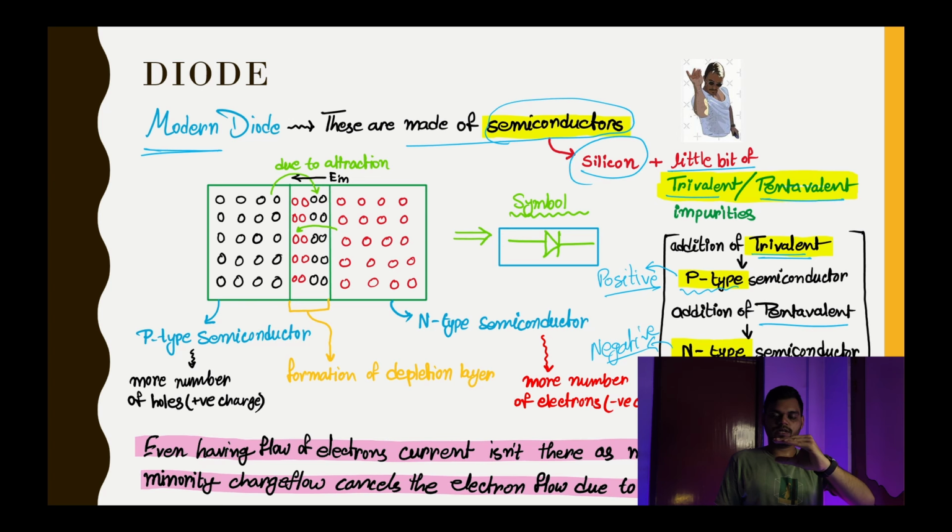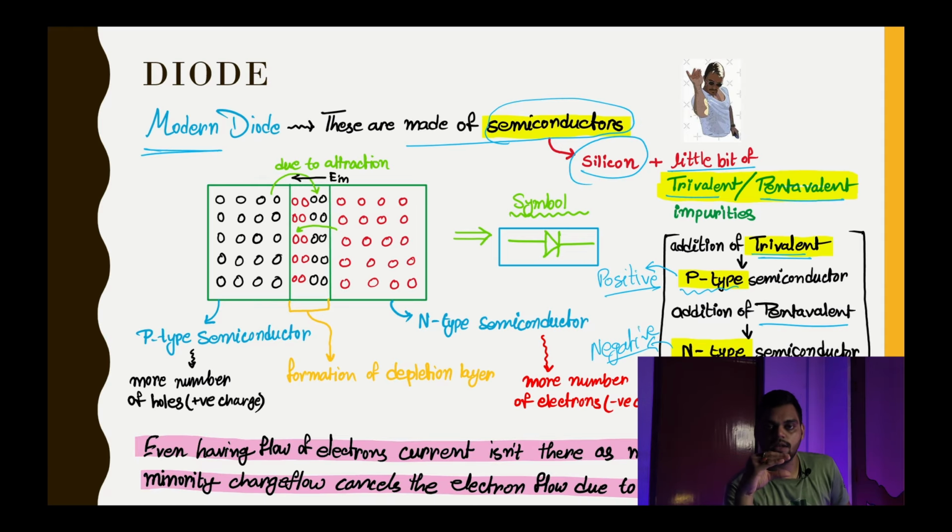In that p-type semiconductor, we added trivalent atoms, so it will lack a little bit of electrons. The lack of electrons we call a hole. We consider those holes as positive charges. So there will be a majority of positive charges in the p-type semiconductor.